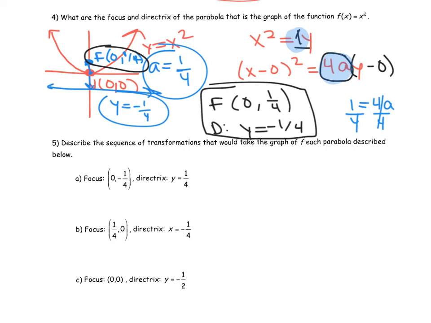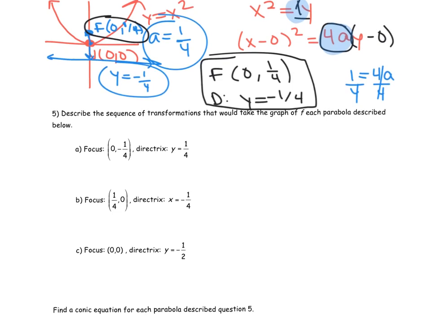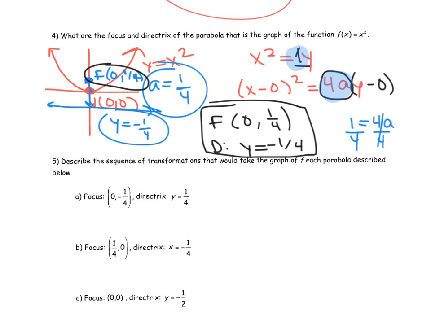Okay. Last part, to conclude our lesson, we want to describe the sequence of transformations that would take the graph of f to each parabola described below. So if the focus is at (0, -1/4), and the directrix is at y = 1/4, what's going on here? I'm going to draw this in green.